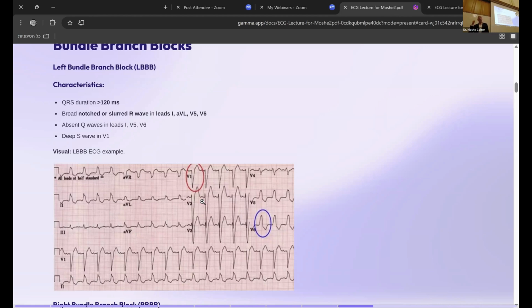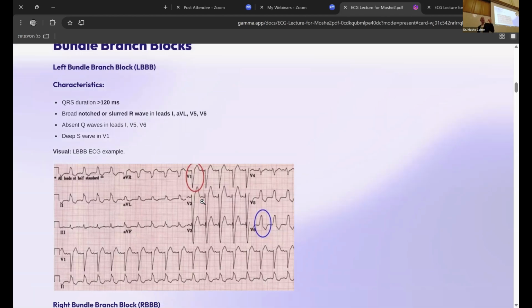Again, wide QRS, we have here a very prominent R on the first lead, a very prominent S on V1. This is an indication of left bundle branch block, LBBB.